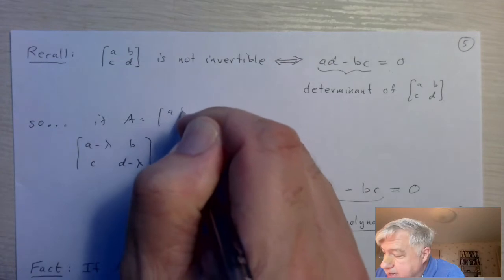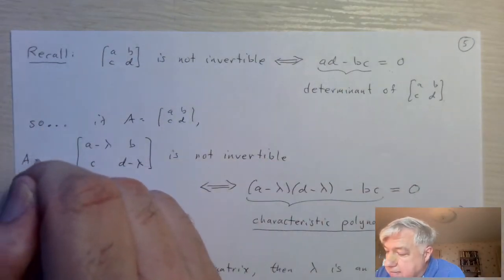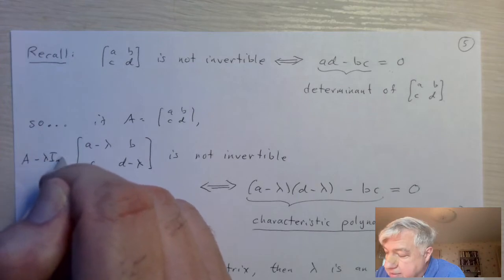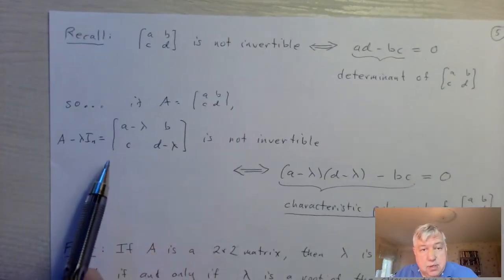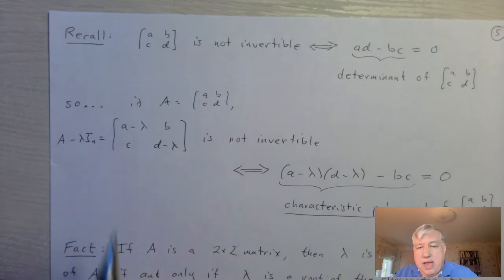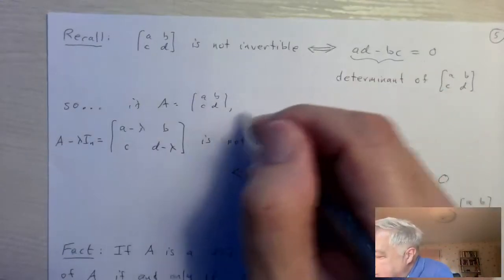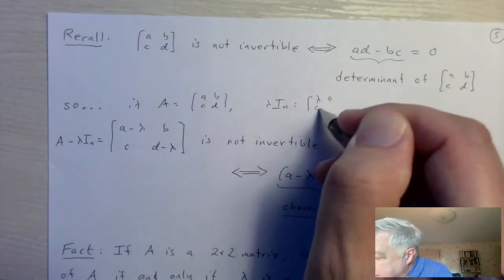Okay. So if A is equal to the matrix A, B, C, D, then A minus lambda In is going to be this matrix. And if you're not quite sure about that, lambda In is going to be lambda 0, 0, lambda.